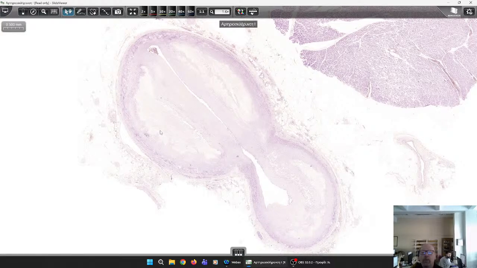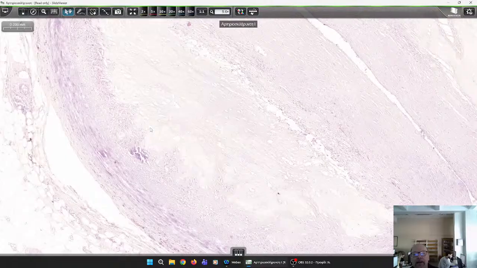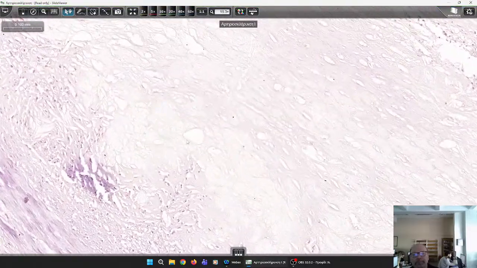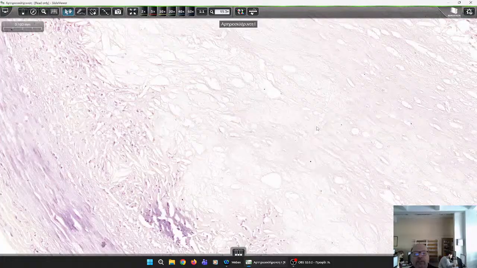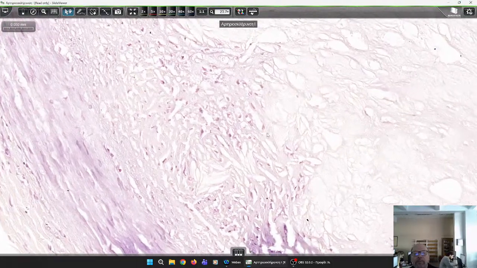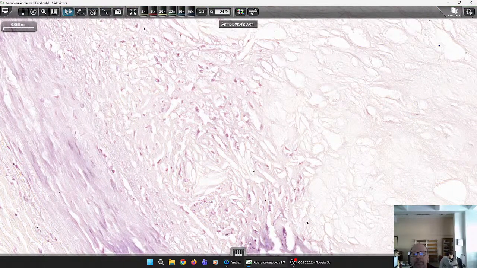So, what do we see in the atheromatous plaque? We can see some cholesterol clefts, which is a foreign body. These are the cholesterol clefts, a foreign body that is deposited down the endothelium, so it causes inflammation.